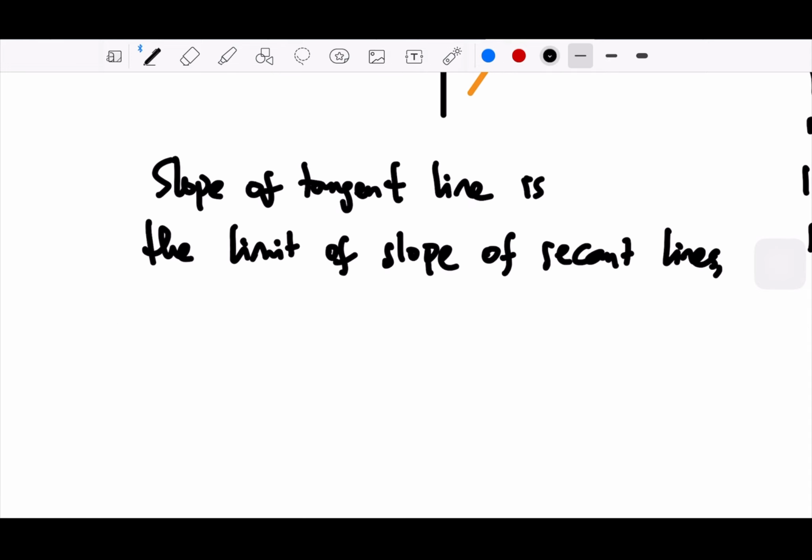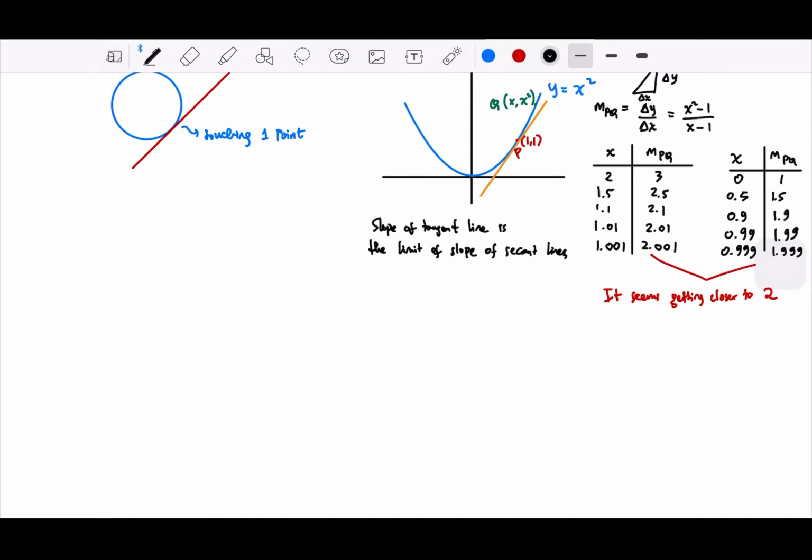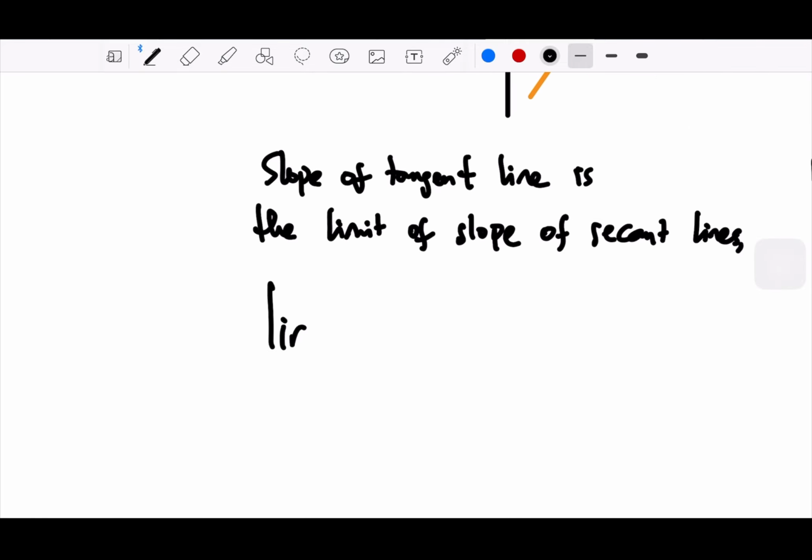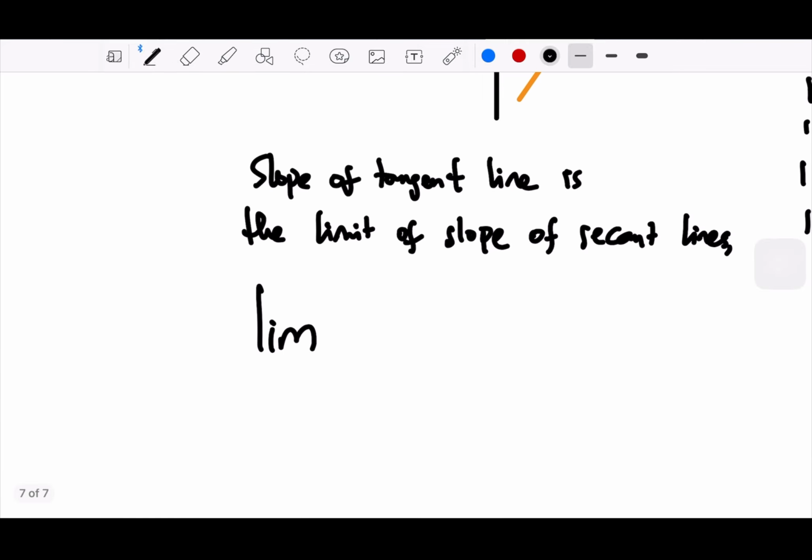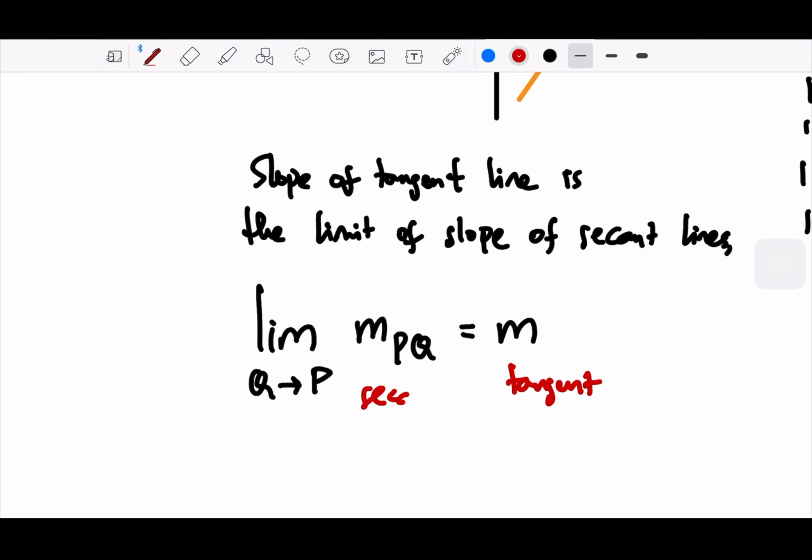We symbolically express the terms as limit, I forgot which, Q approaching P. The slope of PQ, we can call this M, which is the tangent. So this is secant, this is tangent.